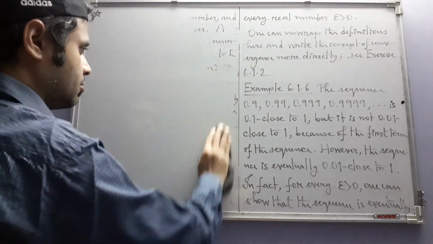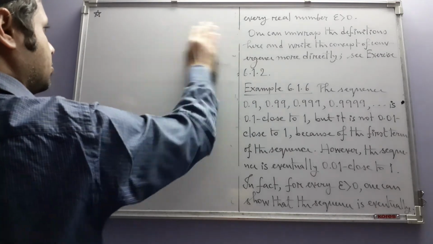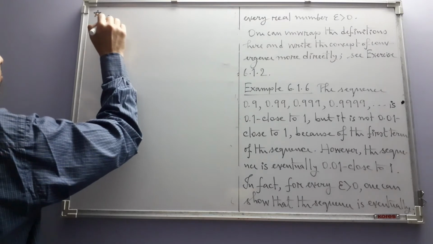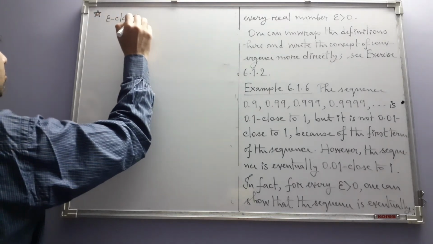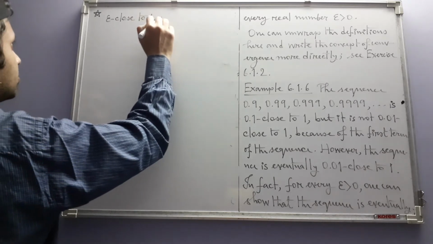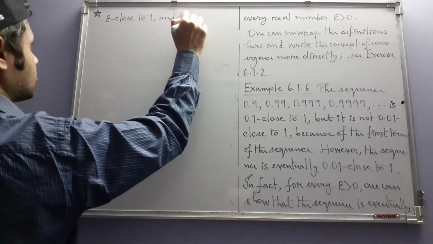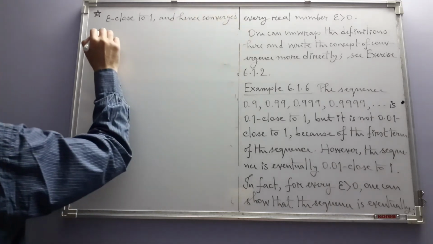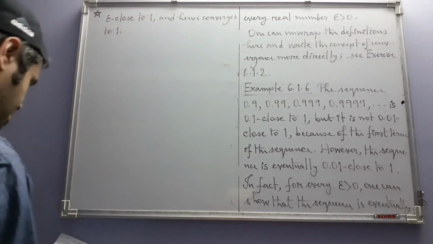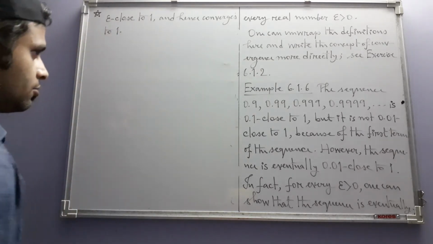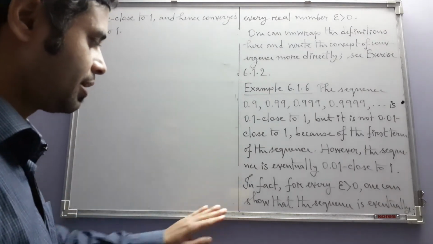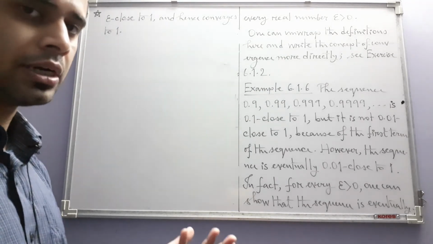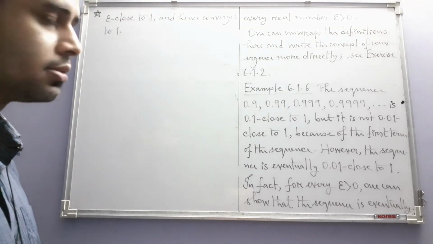This can be shown. Okay, so we have now defined what a sequence of real numbers converging to some real number means.